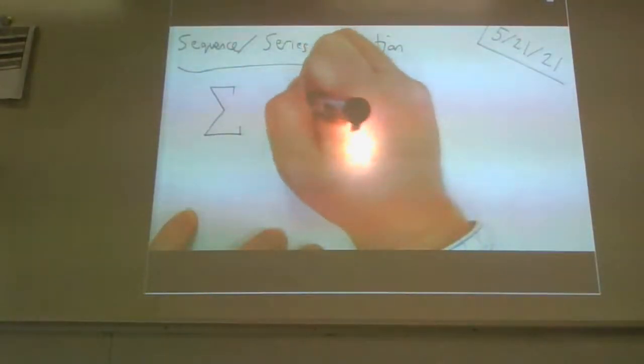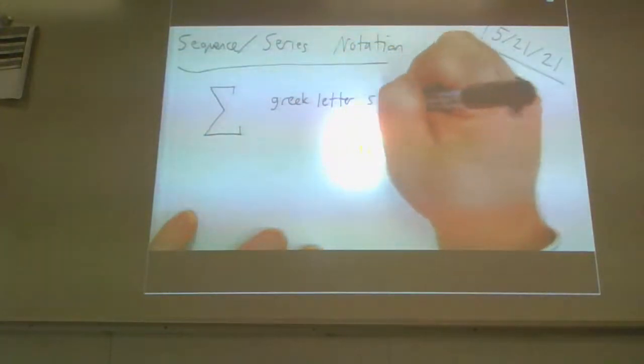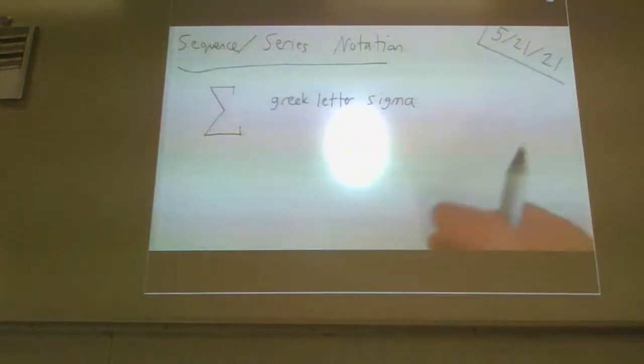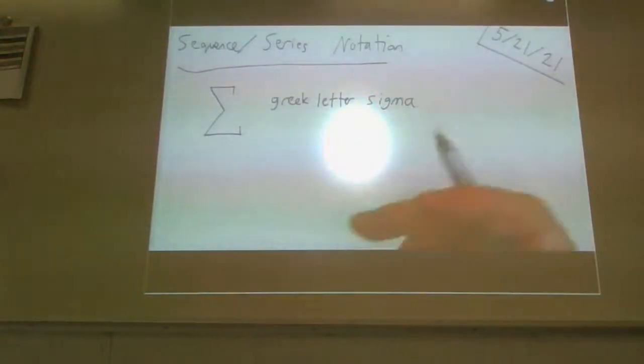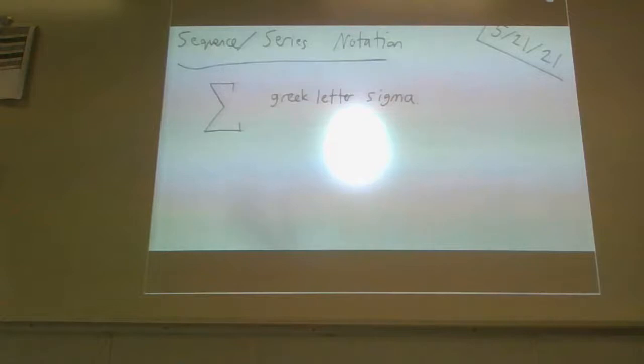This is the Greek letter sigma. For those of you that are familiar with statistics, which a lot of you are, we did sigma in both AP Stat and Prob Stat, but it wasn't the same symbol because in the Greek alphabet, there is a capital and a lowercase.